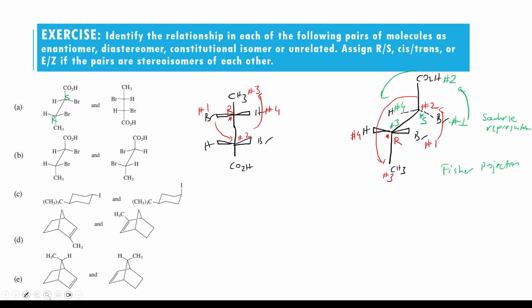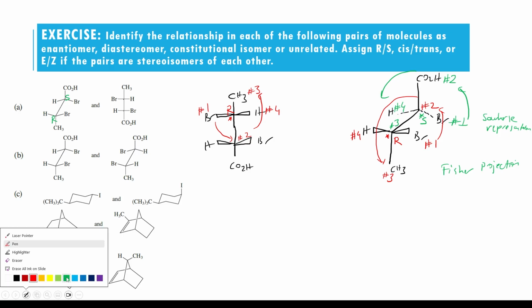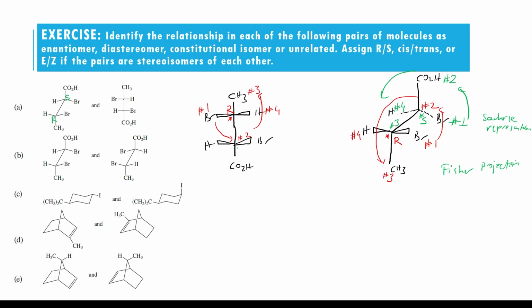Let's come to the second chiral center. Let's mark it with an asterisk. Then we know that hydrogen is number 4, bromine number 1, the carboxylic acid's carbon should be number 2, and this carbon should be number 3. Now let's look at the rotation of groups 1 to 2, 2 to 3. This is a clockwise rotation.